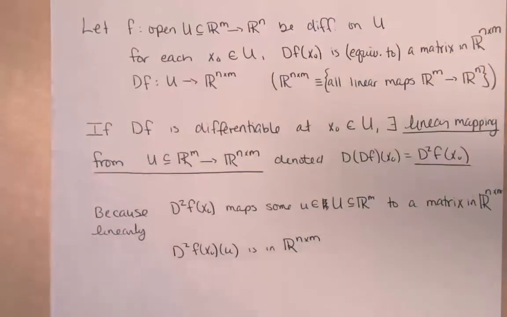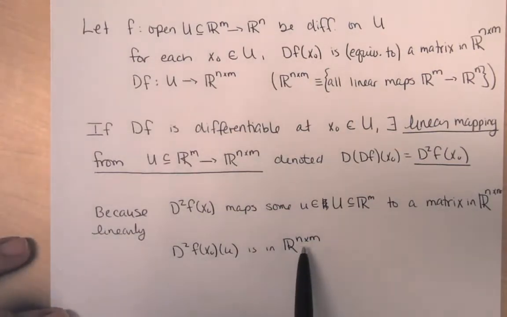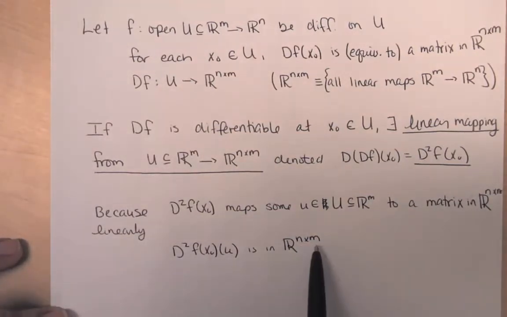It's a matrix, again, which is equivalent to saying it's a mapping from Rm to Rn, by matrix multiplication. That's how the mapping occurs. So because it's a matrix of size n by m, I can multiply it by a vector in Rm.